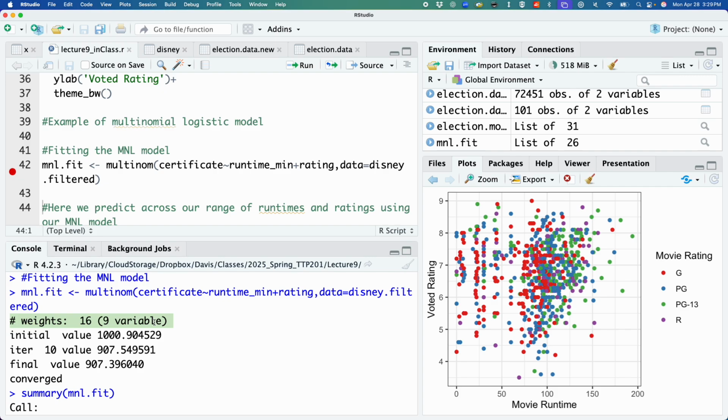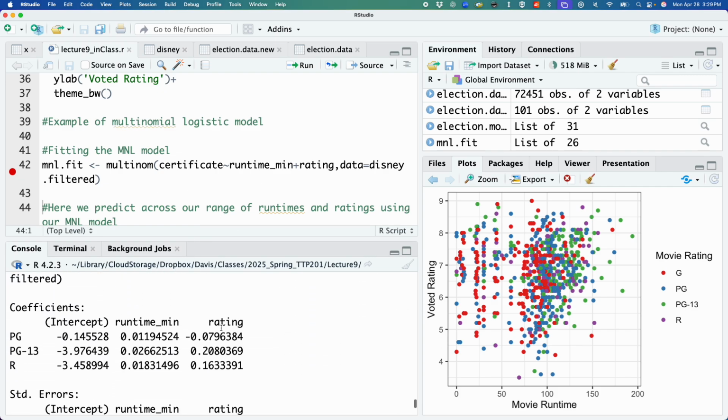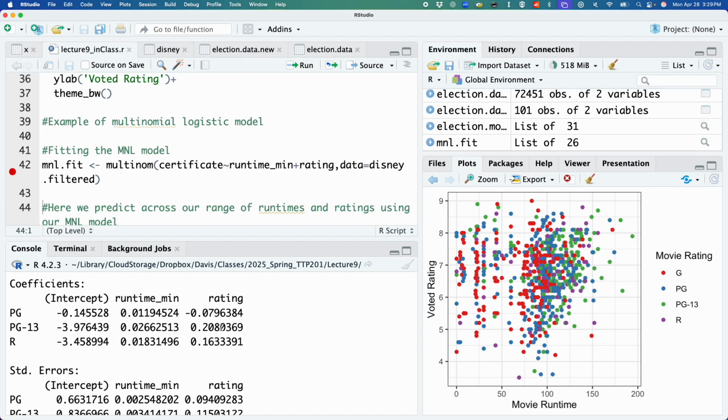Where's my intercept? Yes. It's the number of parameters, right?